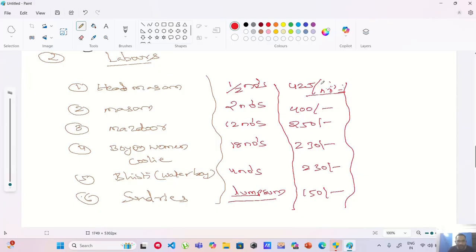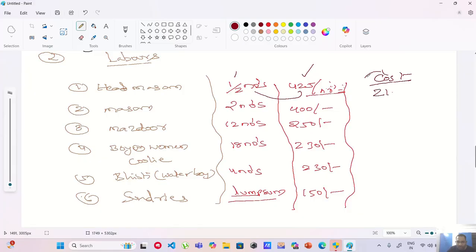Okay, and what about the next step? So this is the material or labor, and this is the quantity, and this is the rate, and this is the cost. We have to go for the cost. How to get the cost? Product of these we can get the cost.